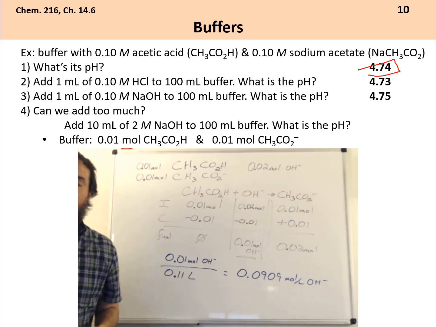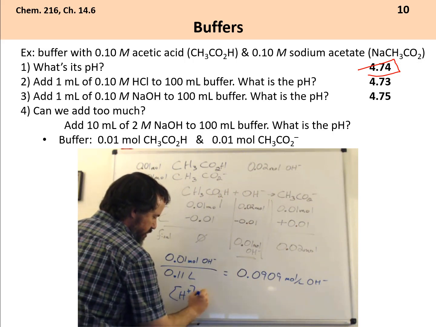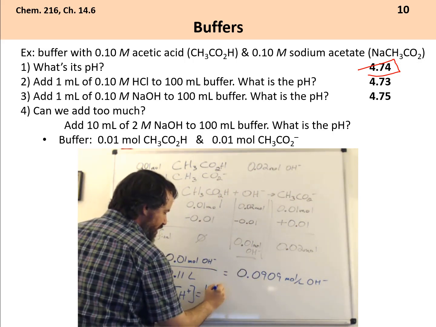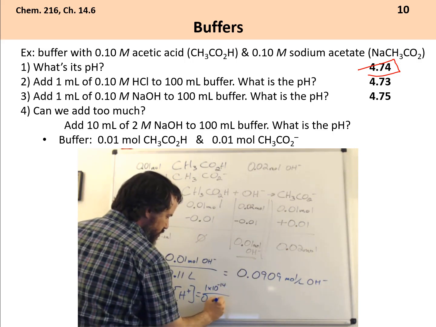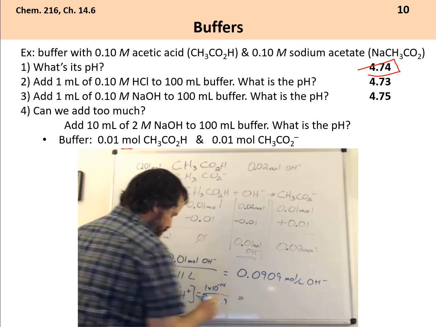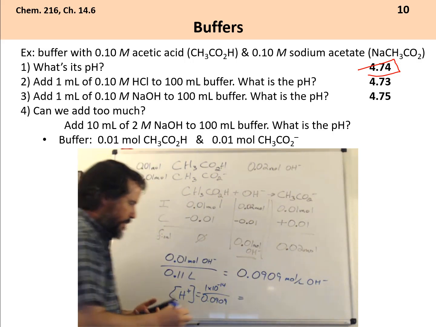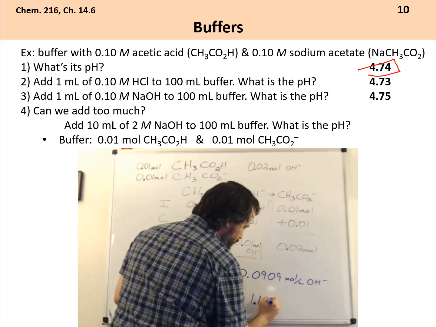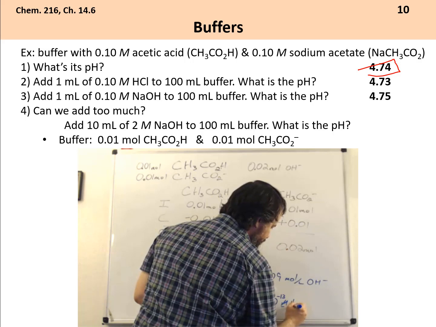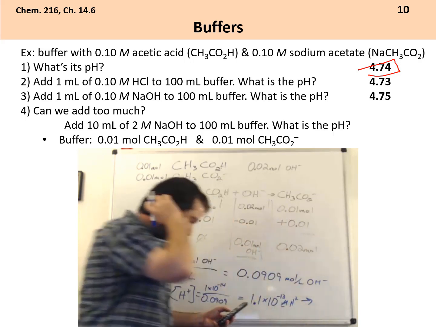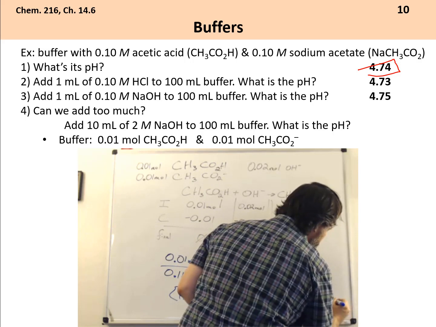And I could find pH because H plus equals 1 times 10 to the minus 14 over OH minus. That's 1.1 times 10 to the minus 13 molar H plus. I then take the log of that, and that gets me a pH of 12.9.